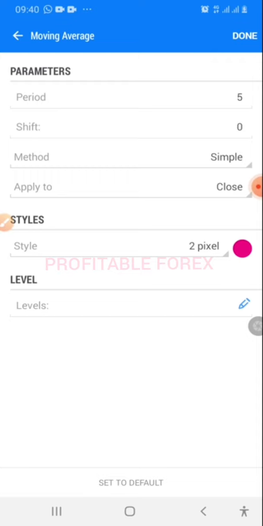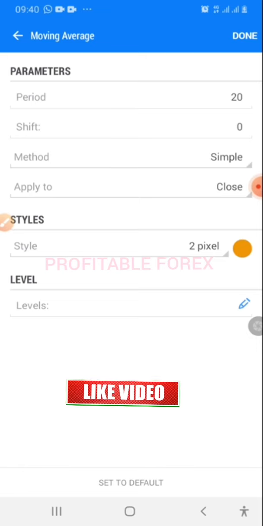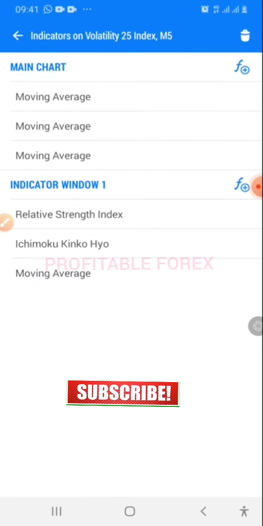I use pink. No levels, leave the levels empty. The third moving average: period 20, shift 0, method simple, apply to close, style to bezel, use any color of your choice. I used yellow.